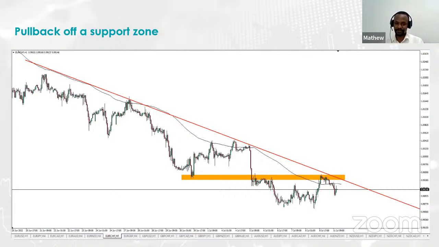Yeah. So currently we're looking at a point where the price got resistance again on the same support which was holding previously, and still it's falling below a moving average and getting resistance on a downtrend. So that's a very strong confluence.